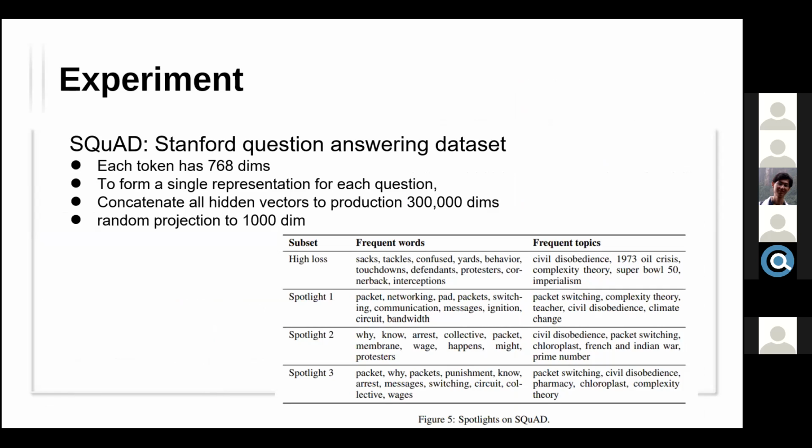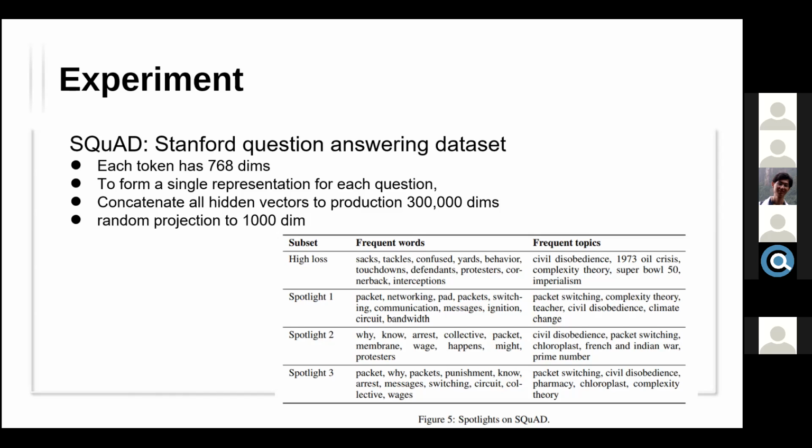They try to form a single representation for each question or each sentence. So they just concatenated all hidden vectors to produce 3 million dimensions for one question, and then randomly projected it to 1,000 dimensions.